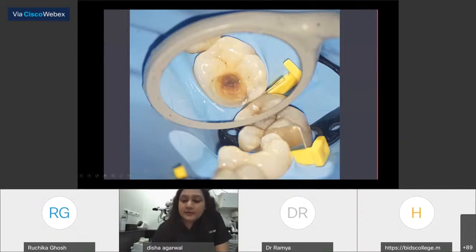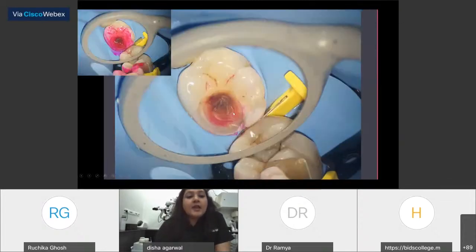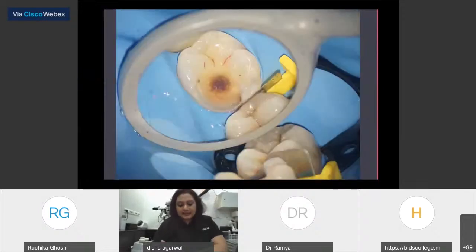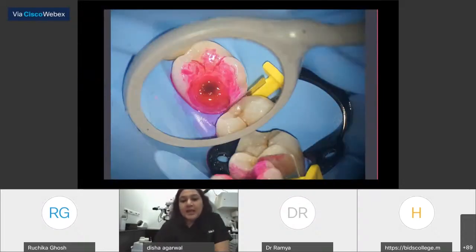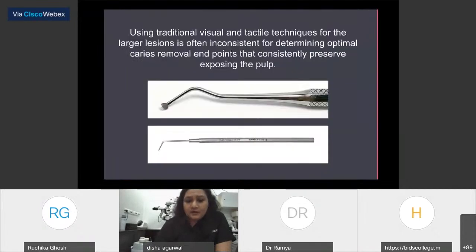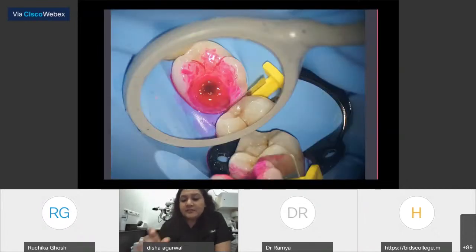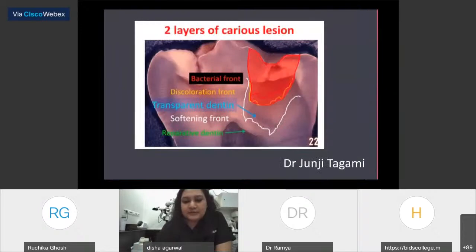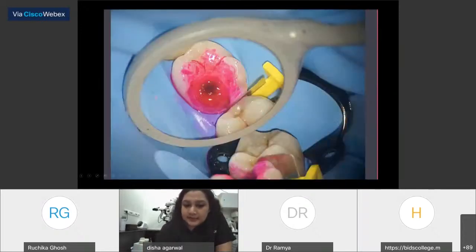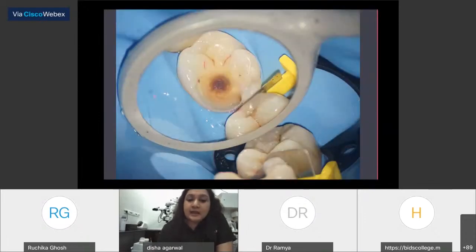So let's go ahead. We clean and clean and clean. We use the caries indicator 1 time, 2 times, 3 times. I think in this case, I used it over 6 times. Yeah, so I'll give you a little insight into caries management at this point. Once you apply the caries indicator, you always need to remember that 2 mm inside your dentino-enamel junction, that is your peripheral seal zone, you need to have sound dentine.